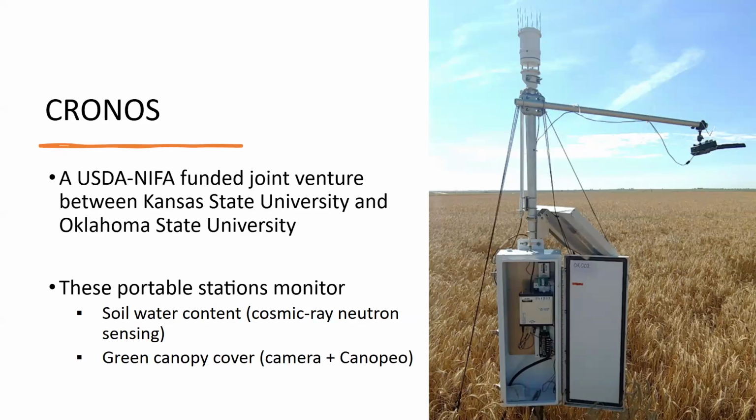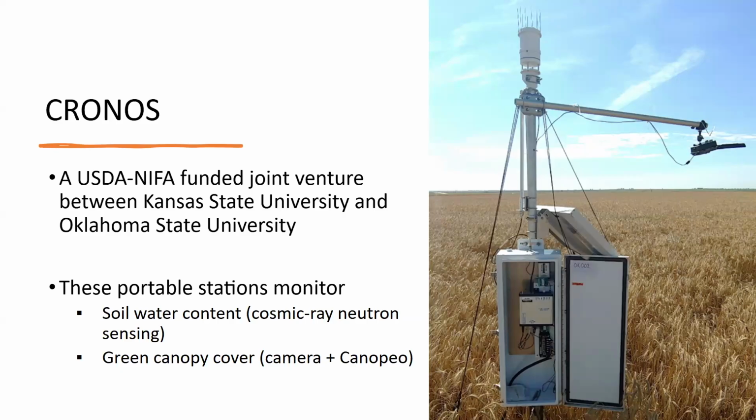Also, the beauty of that cosmic ray neutron sensing, as you maybe mostly know, is that it's sensing a radius of approximately 200 meters in every direction. So it's sort of a field scale measurement, which is very nice.